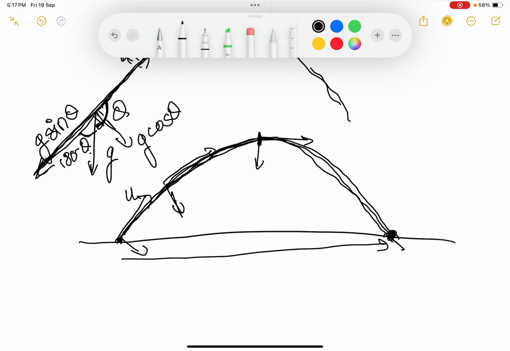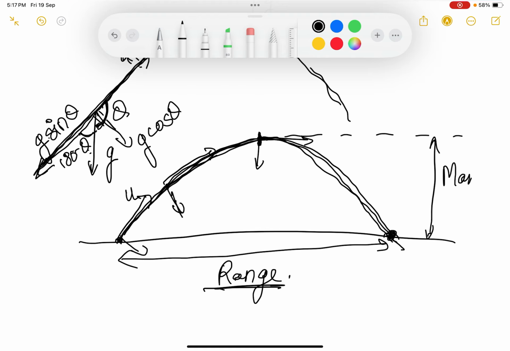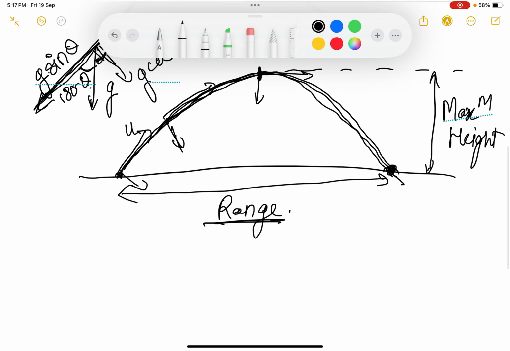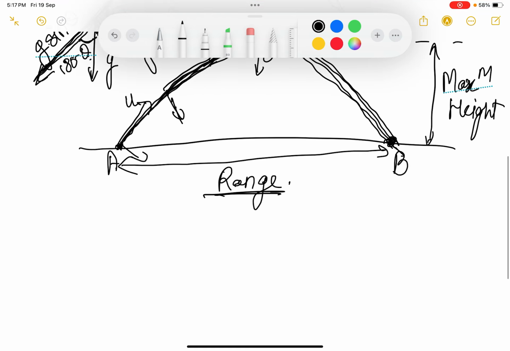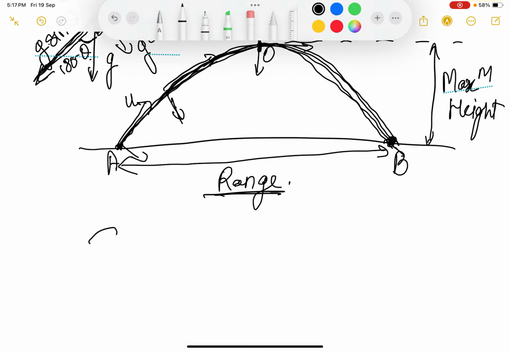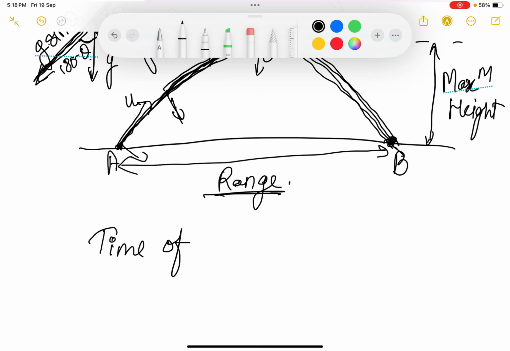This is known as the range of the projectile. This is known as the maximum height of the object, and the time taken by the object to travel from starting point O to B is known as the time of flight.